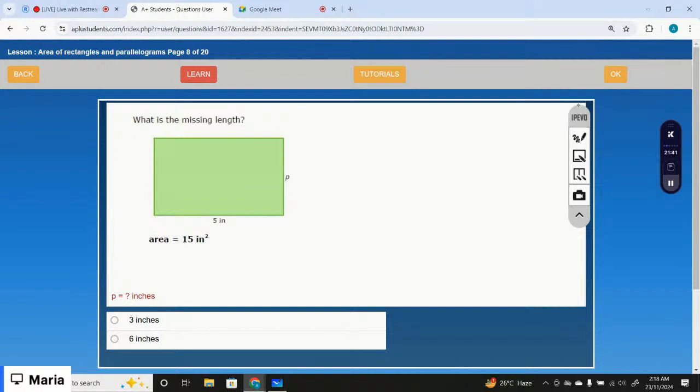What is the missing length? That is 5 times 3 is the correct option. That is 3 inches.